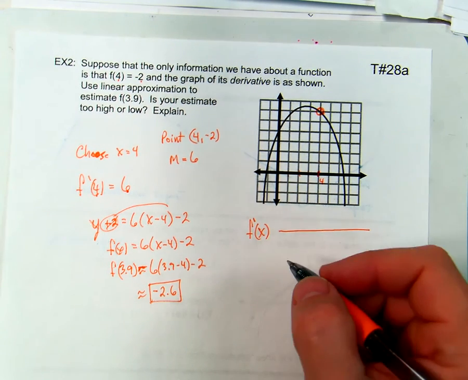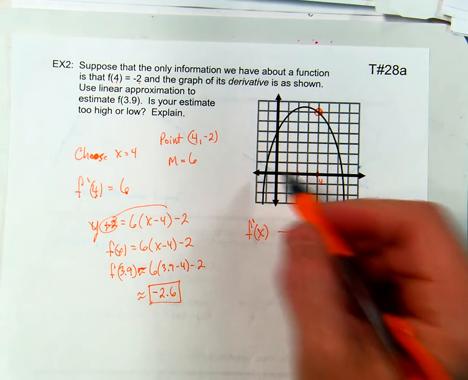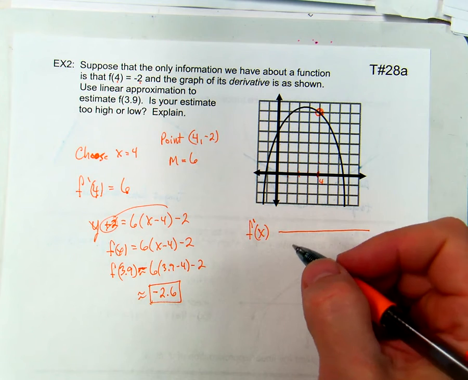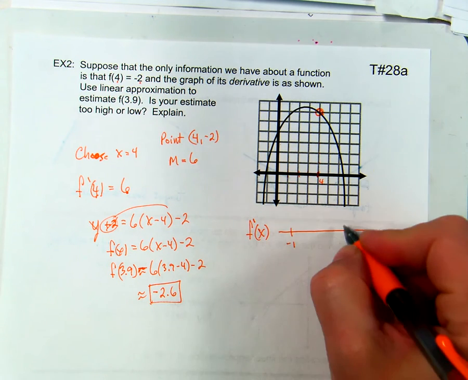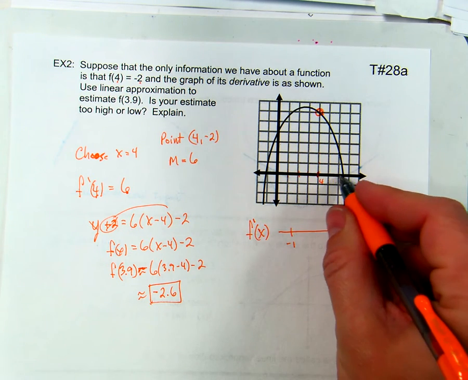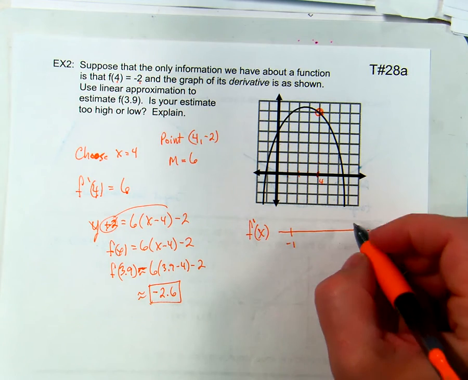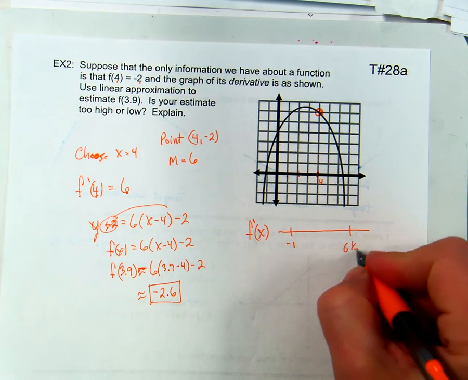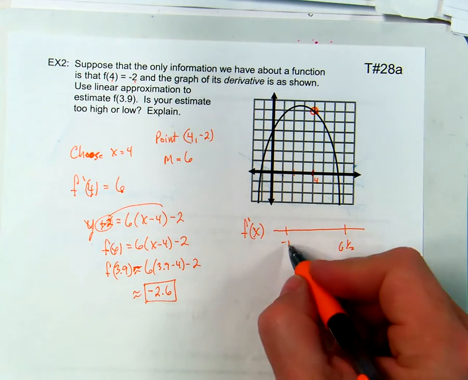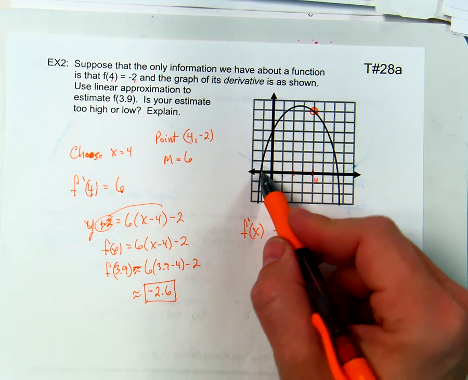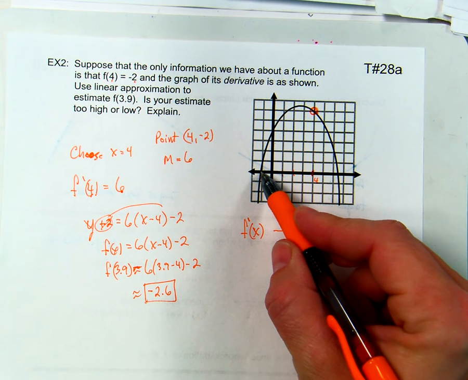We know that at whatever point this is, say at negative 1, and then at 6.5, we have two zeros, like a min and a max, correct? We probably have a min and a max.